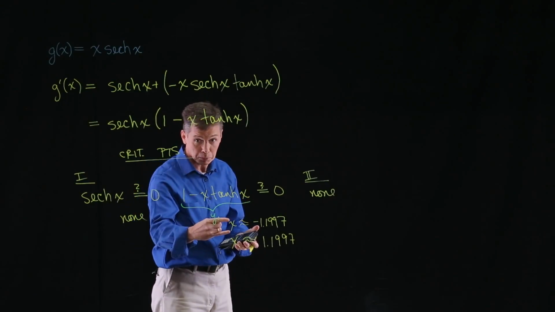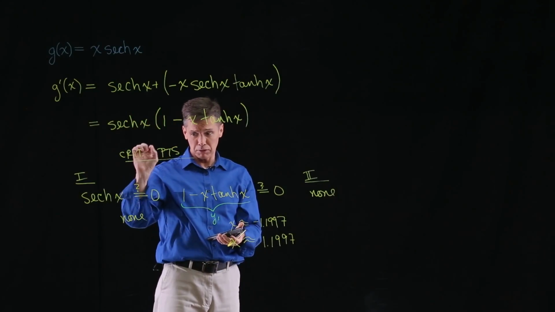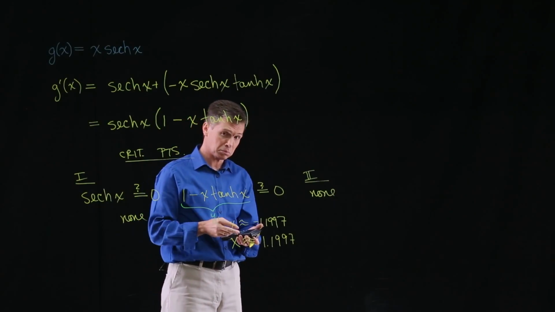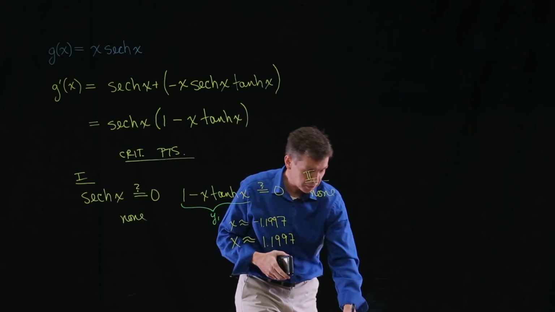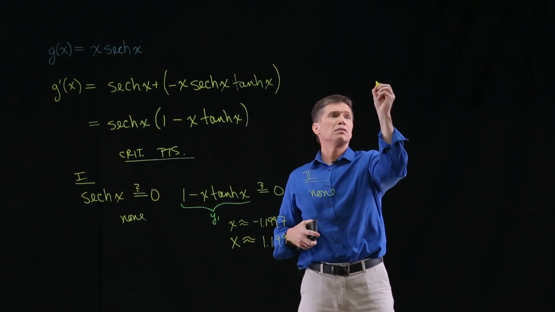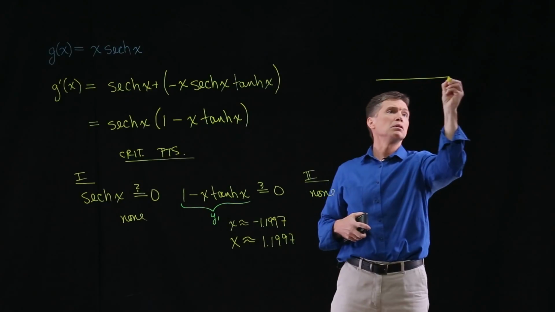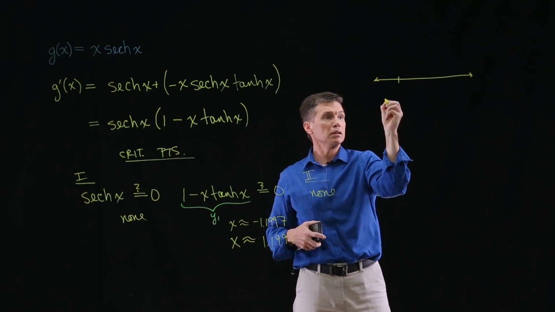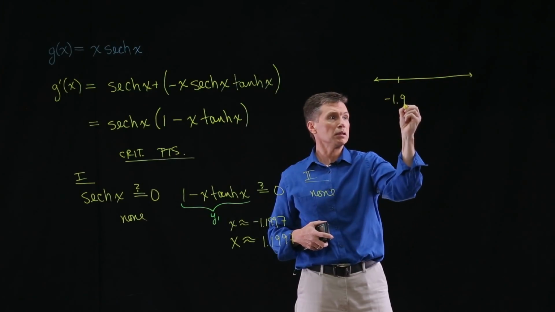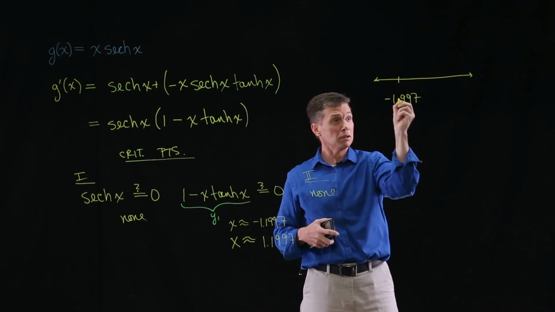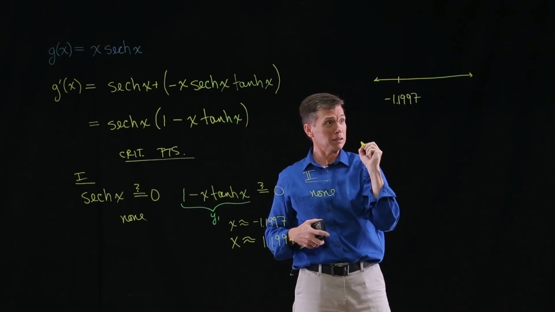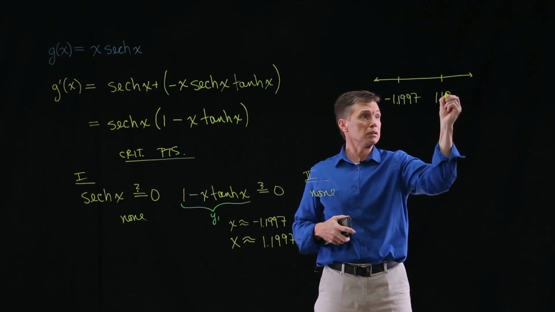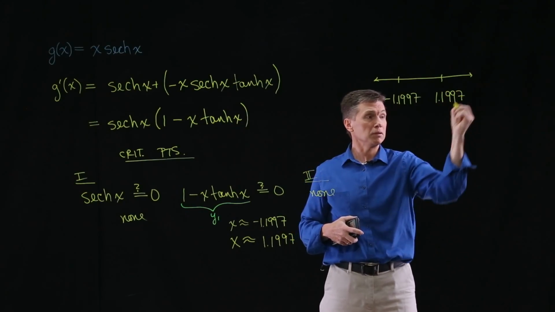So I have these two critical points after doing my derivative and finding the type 1 and type 2, or trying to find them. So my two critical points, remember what you do with those. I'll step over here. We do a first derivative test, which comes down to plotting those critical points on a number line, -1.1997 and a positive 1.1997.